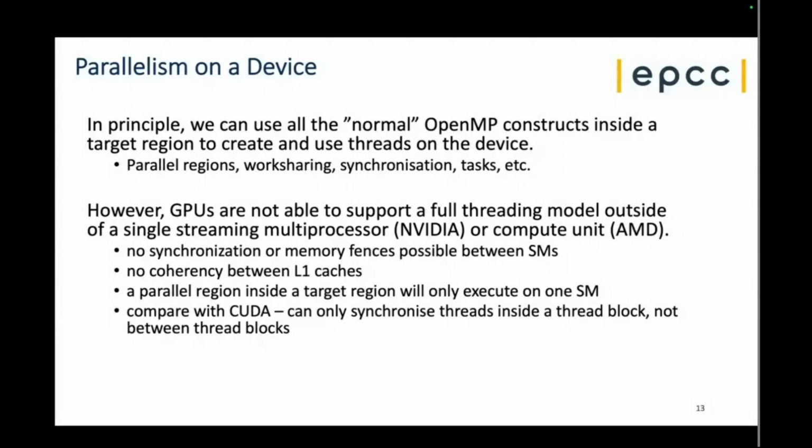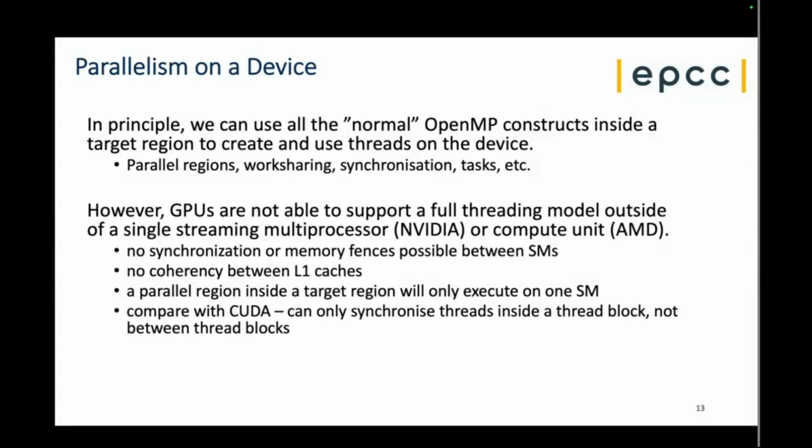You've seen how the hardware works for GPUs in the previous session, and you covered how the GPUs are divided into streaming multiprocessors, according to NVIDIA terminology, or compute units in AMD terminology. I will mostly use AMD terminology because that's the GPUs we have on ARCHER2 at the moment. But they essentially always map one-to-one.